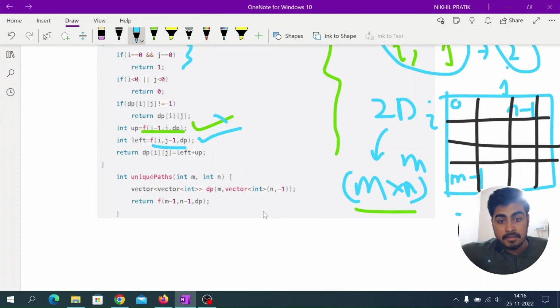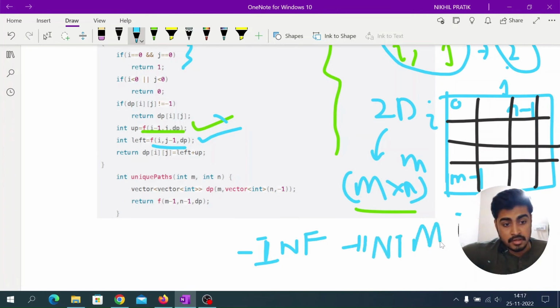There might be a case of minus infinity, where we can initialize our value to int min in C++, right? Or it can be int max as well. Depending on the problem we can initialize our data structure's values.